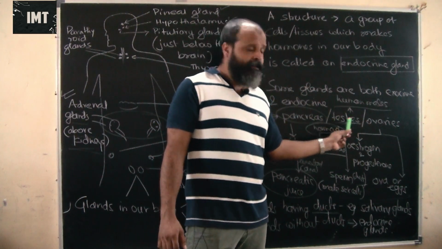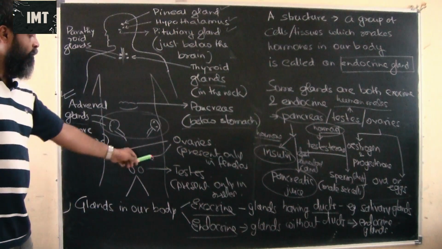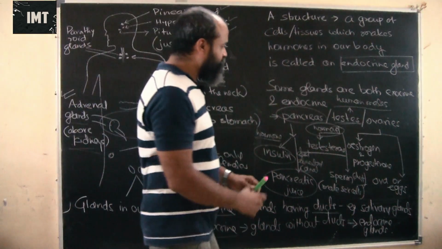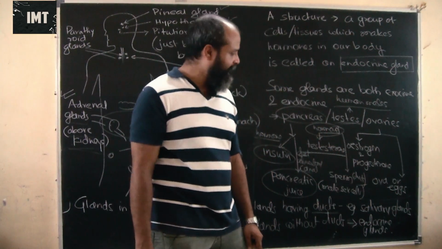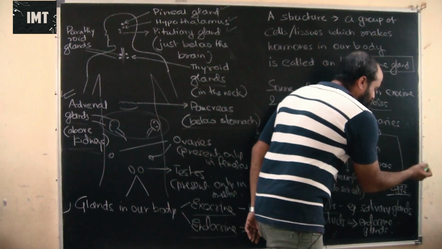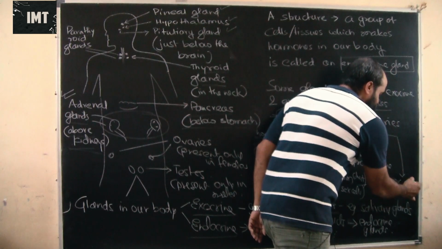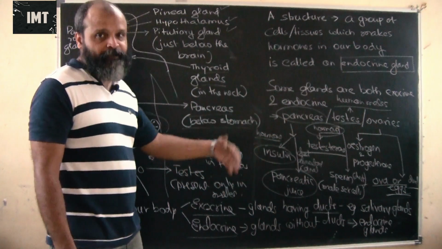Similarly, ovaries, which are located in females, behave as an exocrine gland by releasing ova, or eggs, into the ducts. These are the female sex cells.